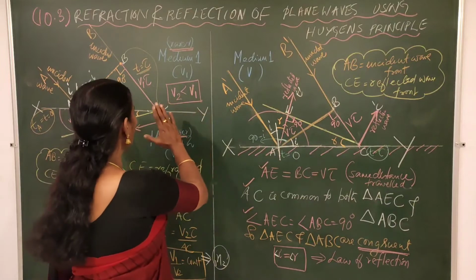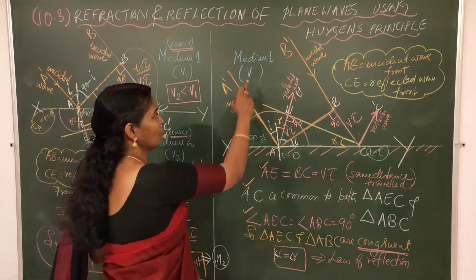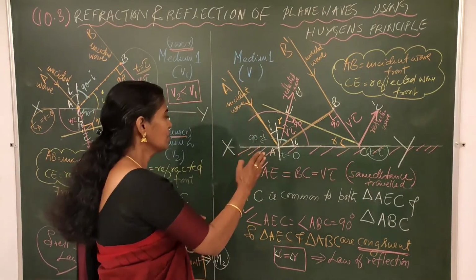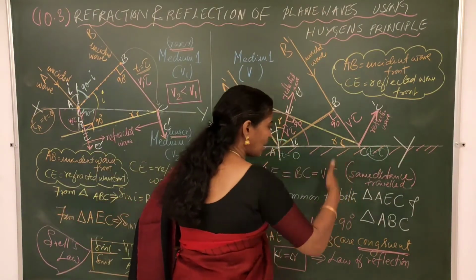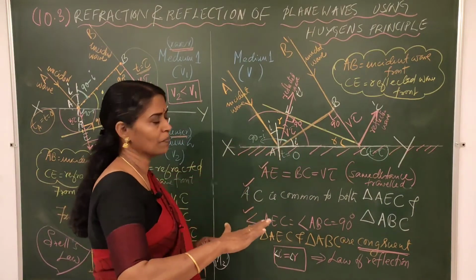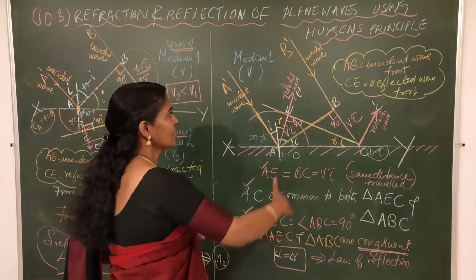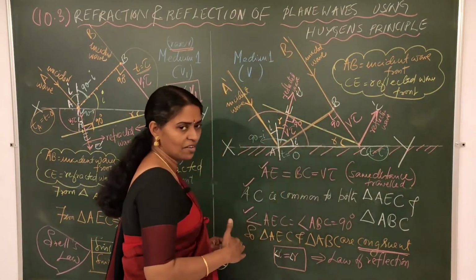Whatever you have drawn, the same thing I have drawn here with a small difference. You don't have two media. This is reflection, so it cannot pass to the second medium, it only remains in the first medium. So come here, A'A, one wave, B'B, second wave.